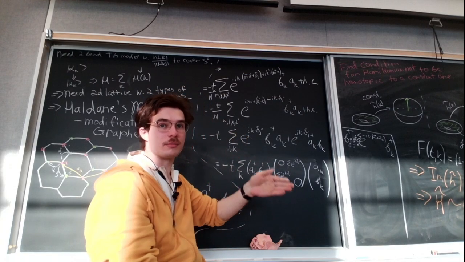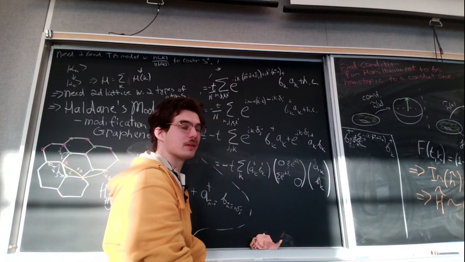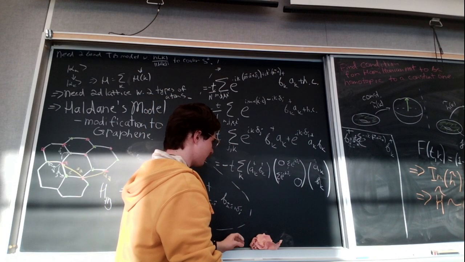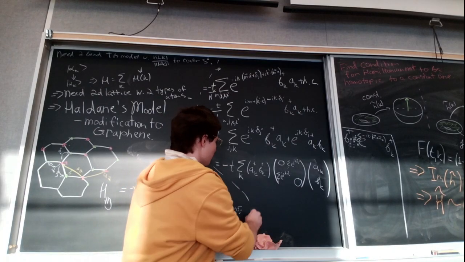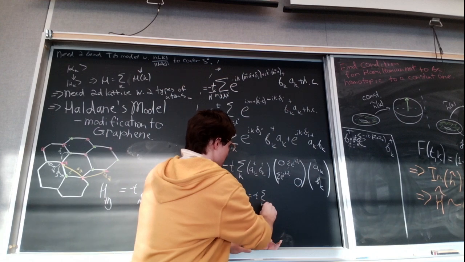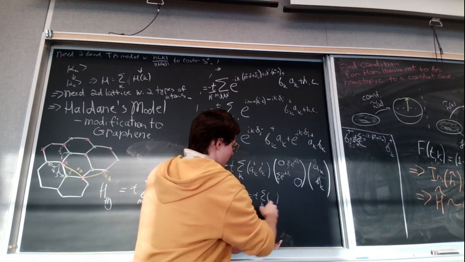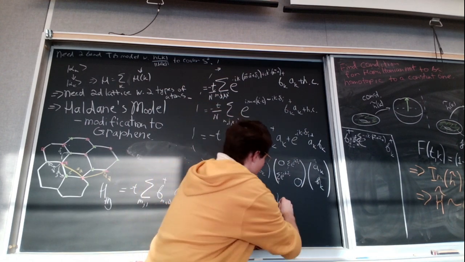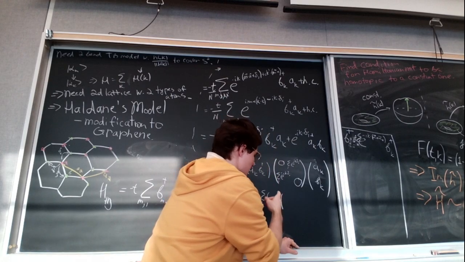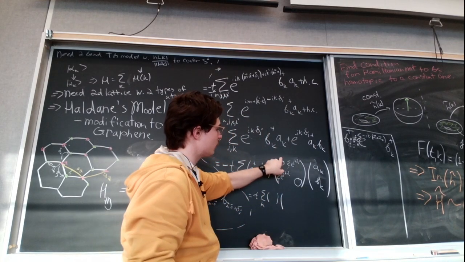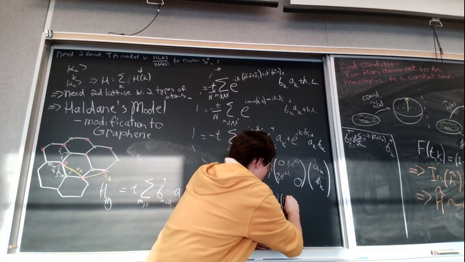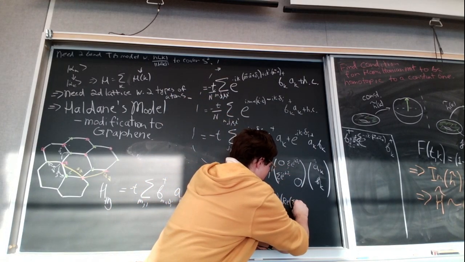Something times sigma x plus something times sigma y. Do you agree? But what is this something going to be precisely? This is going to be equal to minus t sum over k, this thing. For the sigma x, sigma x is what? 0, 1, 1, 0. Do you agree? So the sigma x part is just going to be the real part of this sum.